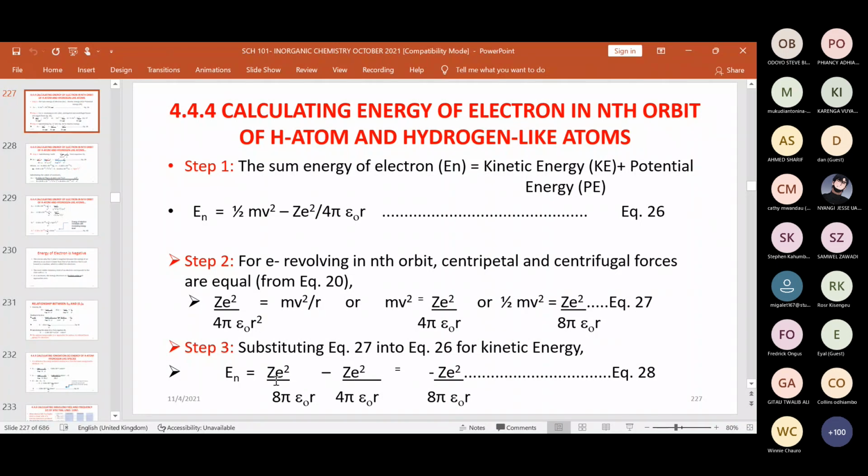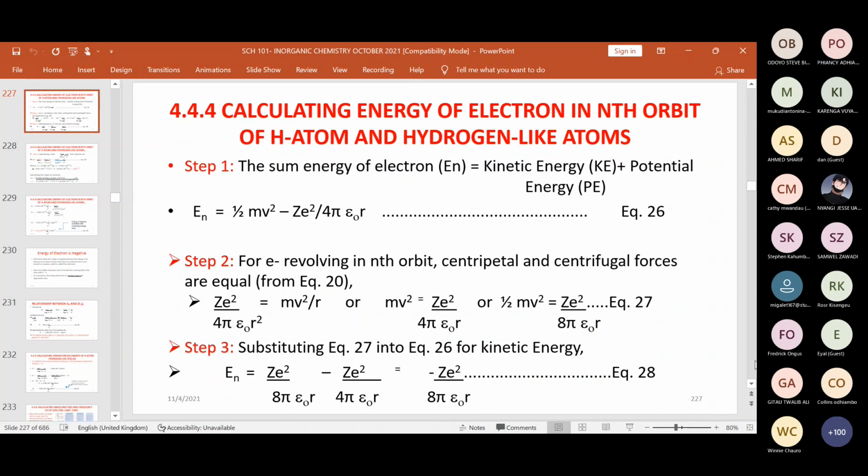So it's like we are taking 1 over 8 minus 1 over 4. So we get minus 1 over 8 if you do that calculation. So we get that energy is equal to minus Z e squared over 8 pi permittivity R. So equation 28. At this point, we have introduced the radius of the atom into the equation.